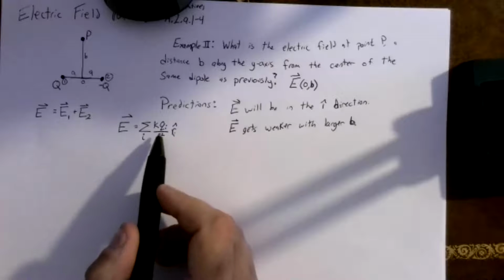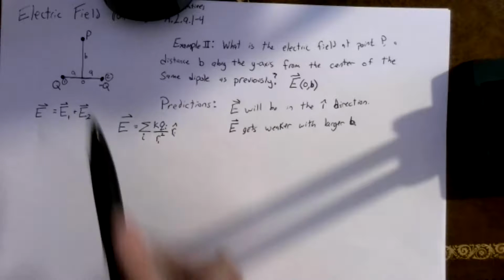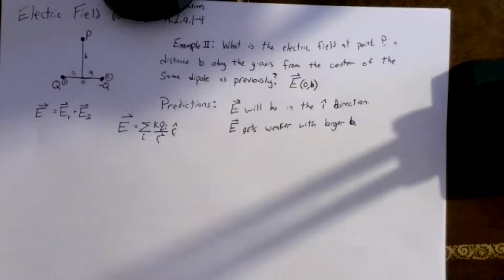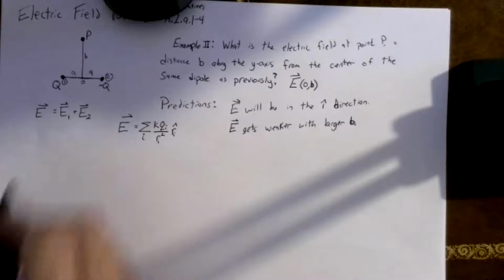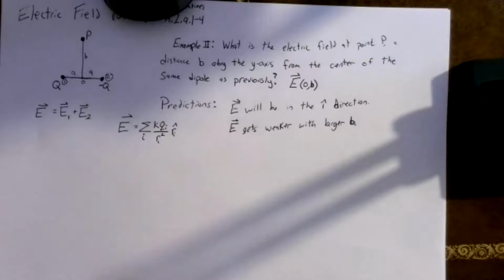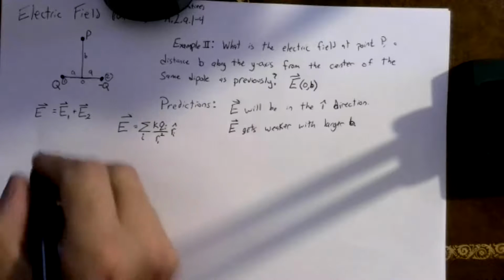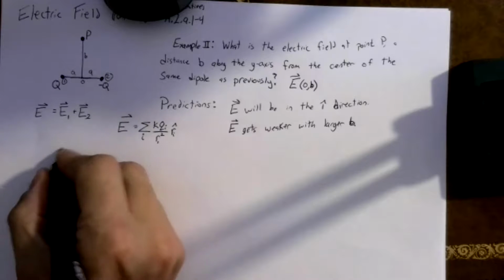All right, so we'll apply this equation twice because we have 2 charges that we're looking at. Okay, so let's start. We'll find E1 and E2, and then we'll plug in things that we can plug in for and see what we get.